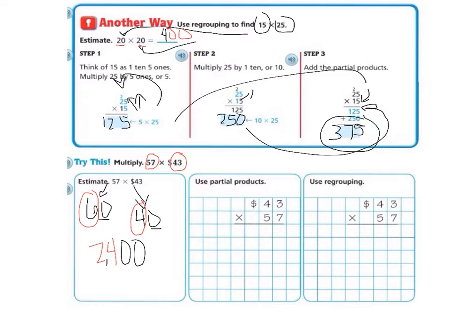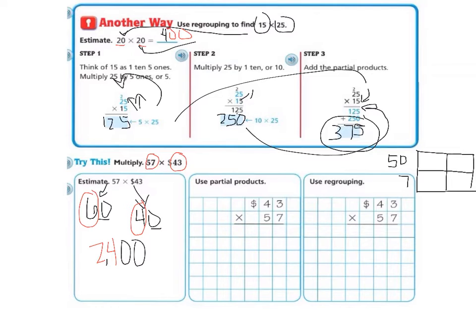Alright, our first line says we're going to multiply using partial products. We've been doing this in a grid, but we can do it to the side here as well, or underneath itself. So the first thing we're going to do is multiply 40 by 5. And since we've been using the bar method, let's write that to the side. So I'm going to draw a box, and I'm going to split it into 4. 57 is going to go on the side, so that's made up of 50 and 7.